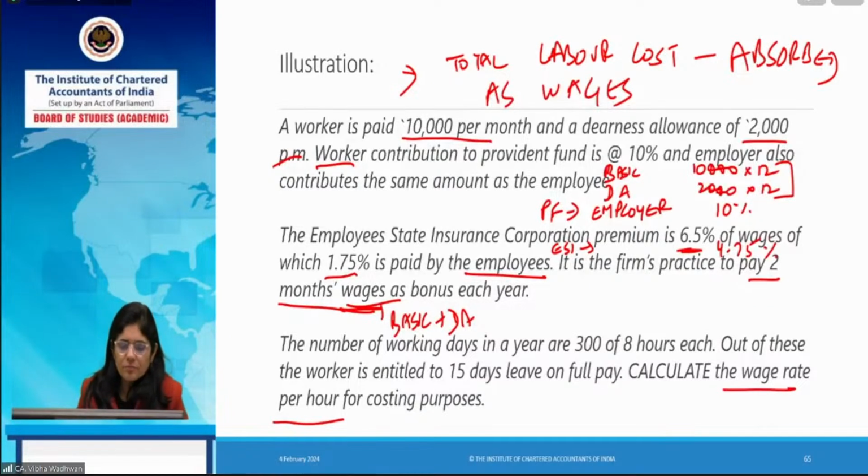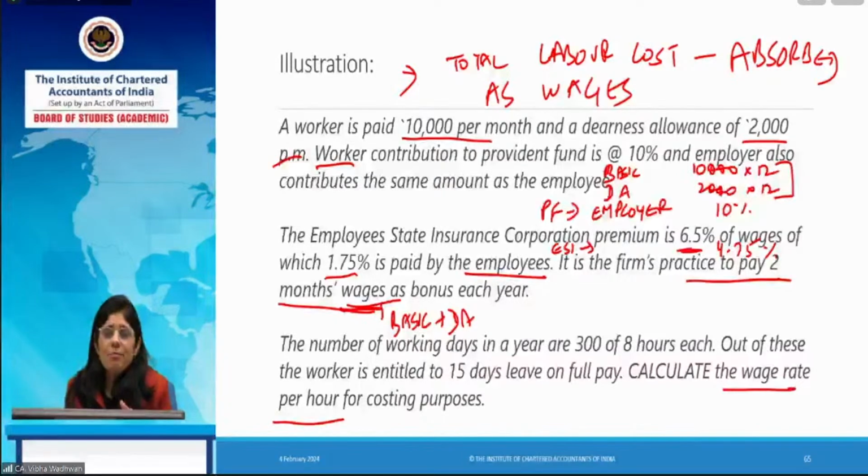Clear? So now can you calculate the total cost? What is a part of total cost? Basic plus DA plus employer PF contribution plus employer ESI contribution plus 2 months of wages as bonus. Can you tell me the total cost to the employer? We are absorbing everything in the employee cost here. So we are following the first alternative.